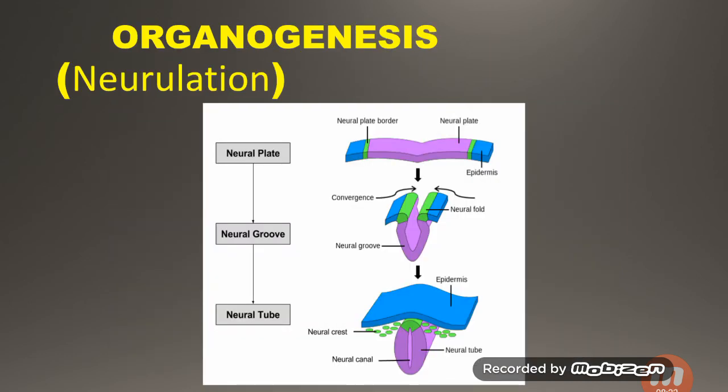Next is organogenesis, and the first step of organogenesis is neurulation, which is considered as the first step of the organ formation or organogenesis.